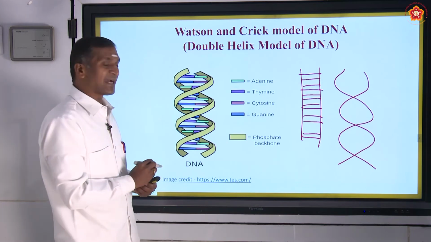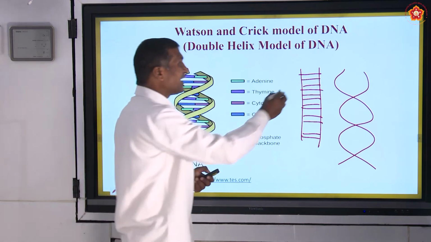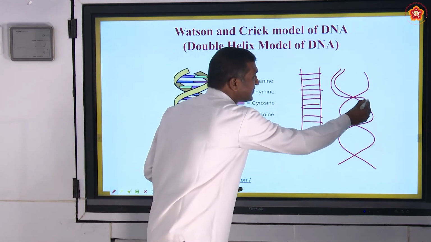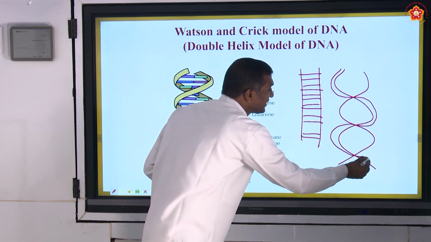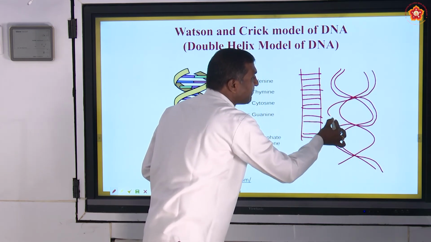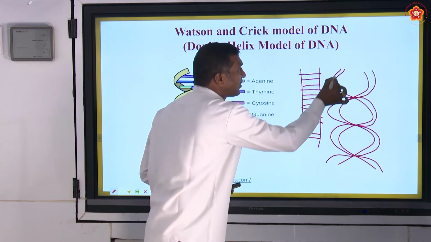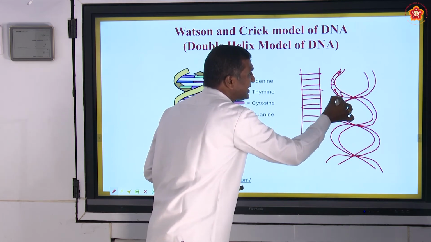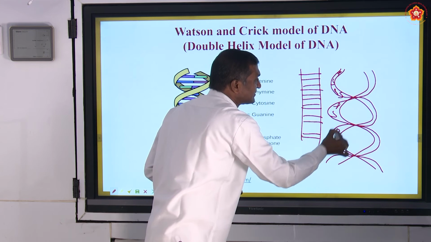In the Watson and Crick model of DNA, you can observe that the pillars of this ladder are made up of alternating pentose sugar and phosphate, PS, PS, PS, PS.